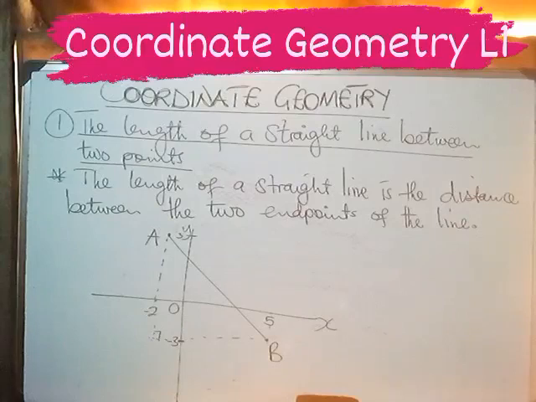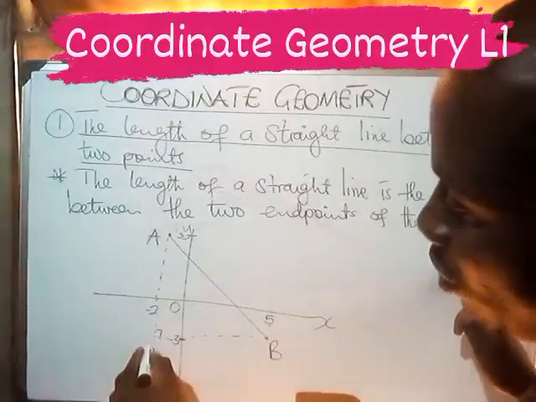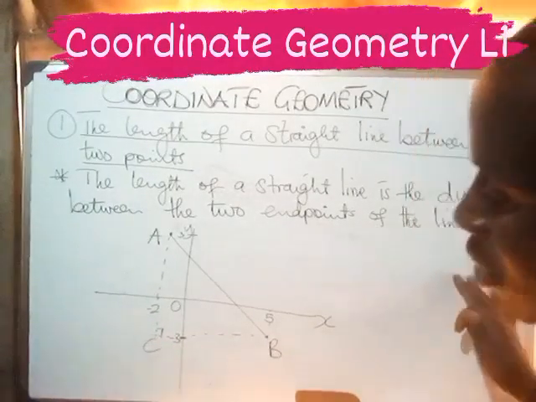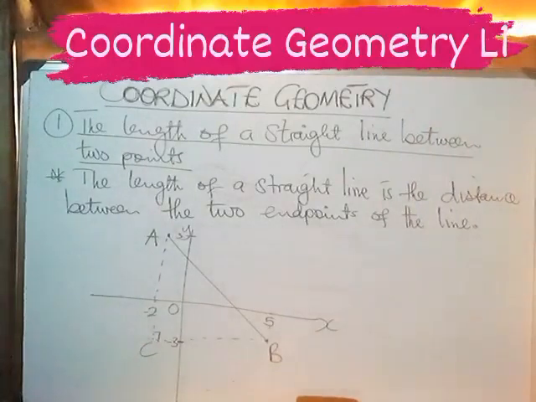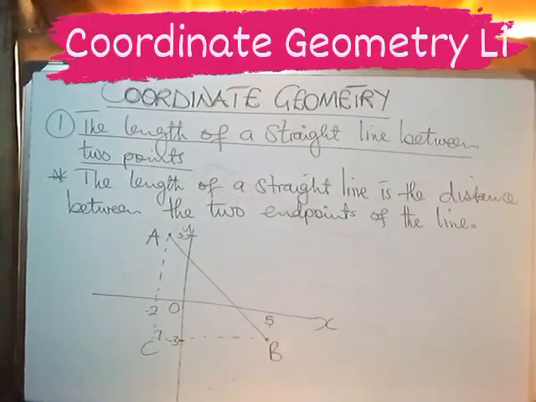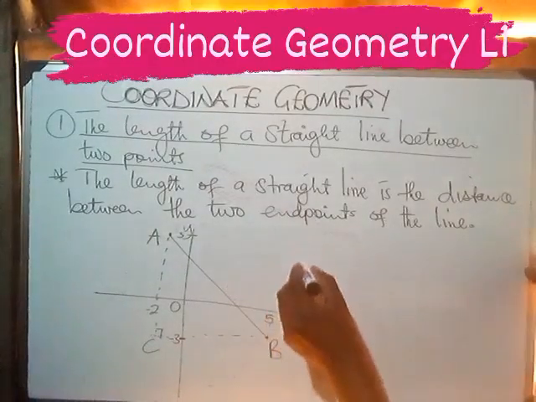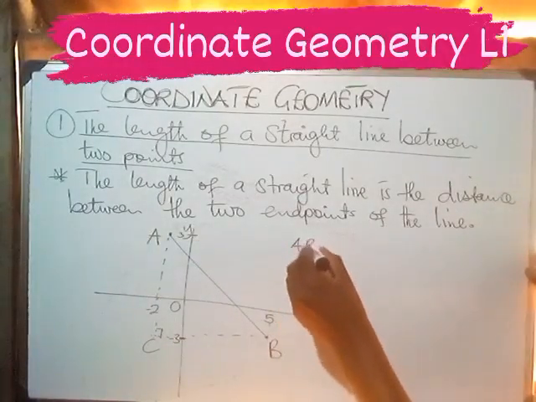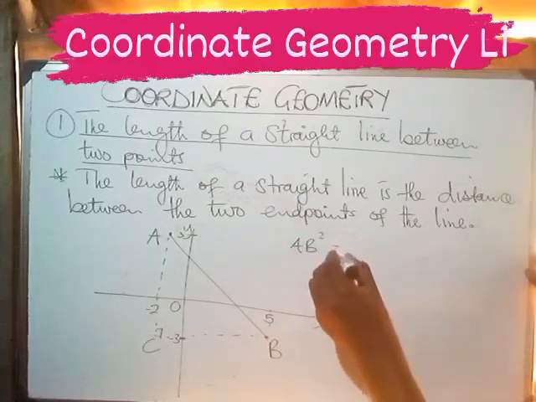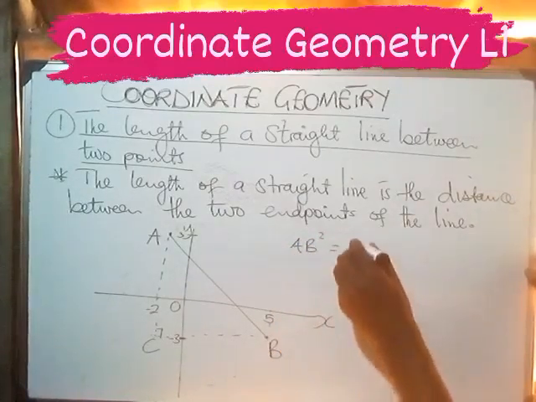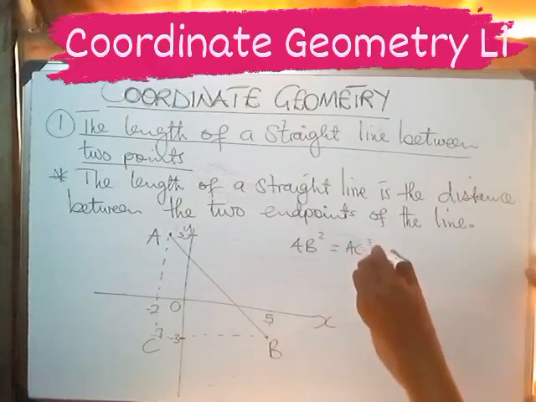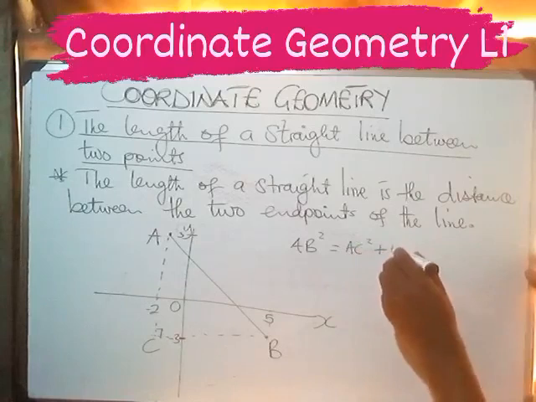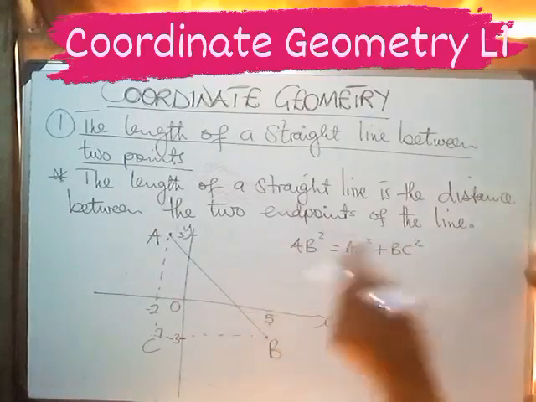To find the length of AB, we can use the Pythagoras theorem, meaning this one I can name as point C. Since AB is the hypotenuse, we say the hypotenuse AB squared is equal to AC squared plus BC squared.